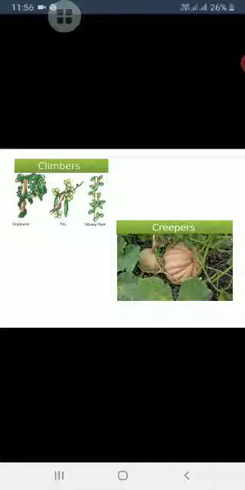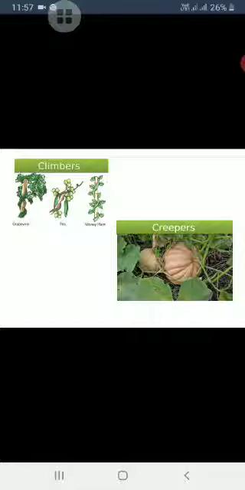Some plants have weak stems, so they need the support of a wall or another plant to climb up. These are known as climbers, like grape vine, pea and money plant. And some plants cannot grow straight, so they grow along the ground. They are known as creepers, like pumpkin and watermelon.